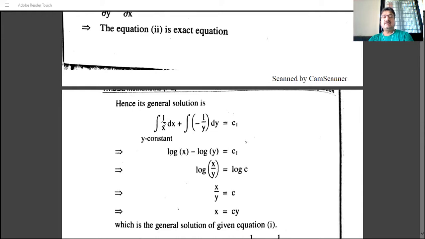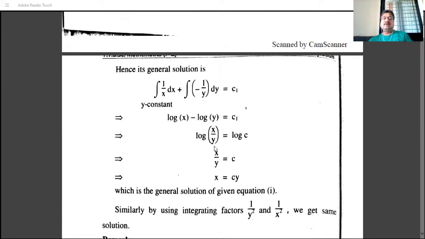Integrating M dx means x is the variable and y is treated as constant, so the integration of 1/x is log x, minus the integration of 1/y is log y, equal to c1. Then log x by y is equal to log c, where we replace c1 by log c, and taking the antilog of both sides, x by y is equal to c.